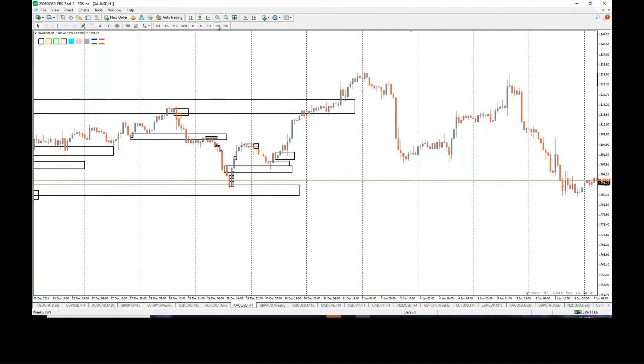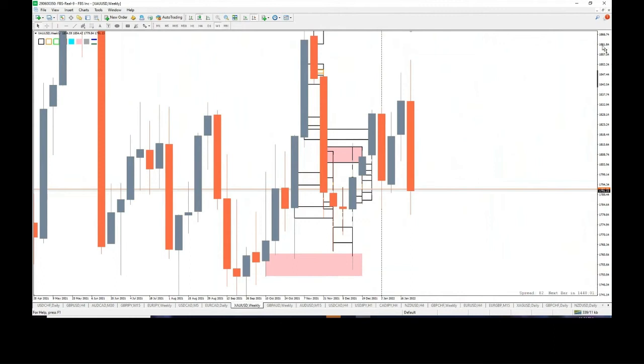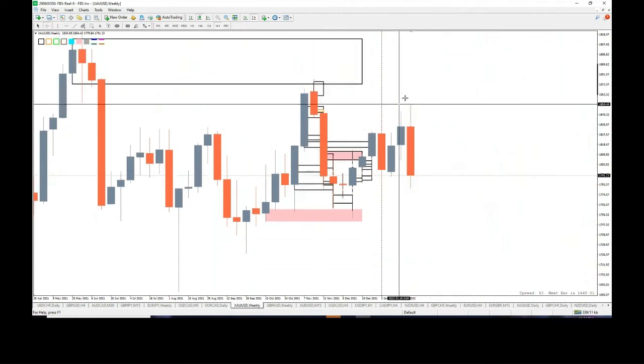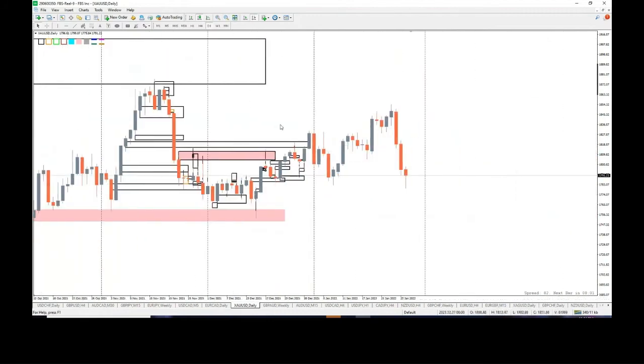Okay, let's say for this week's setup. I waited for this sell setup a long time ago. It's from a daily setup actually, but my storyline is going from here.